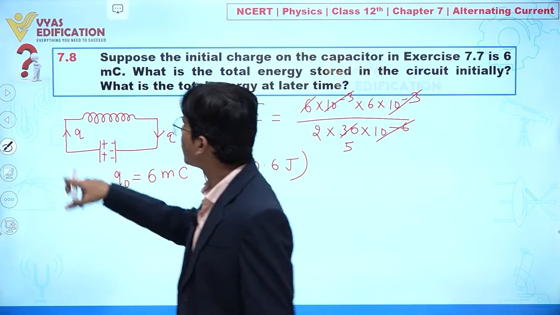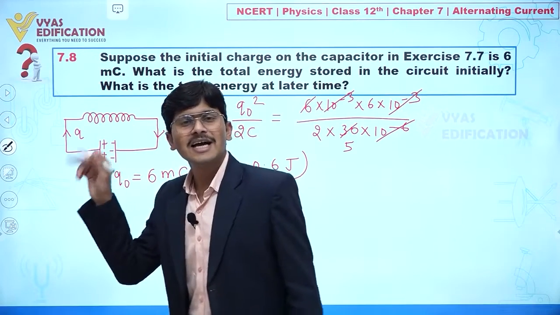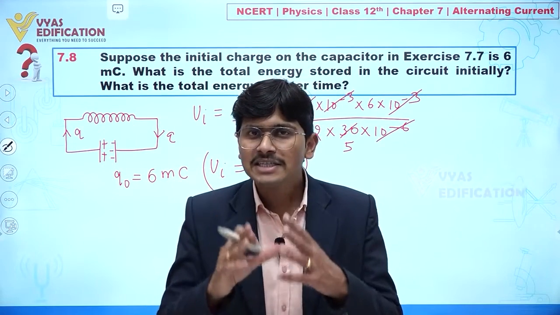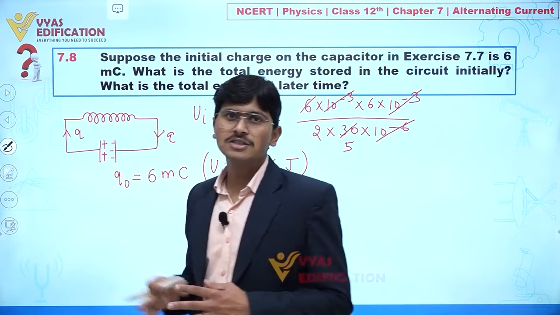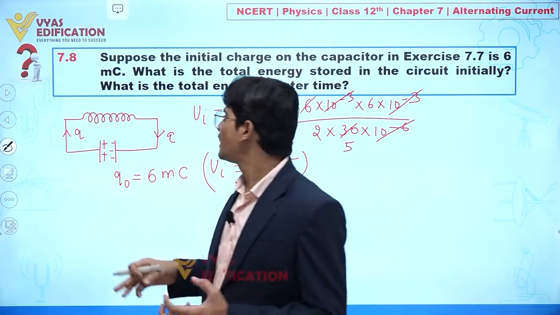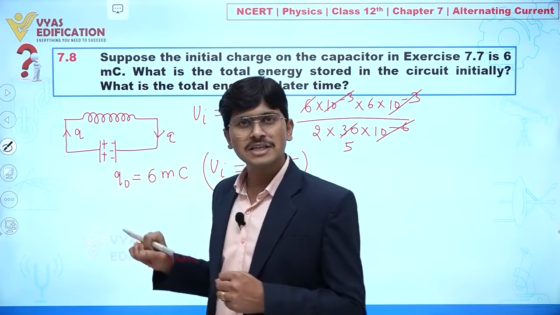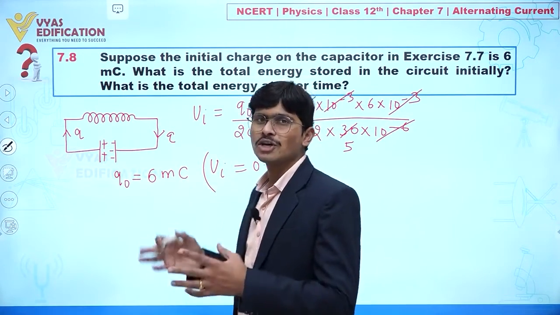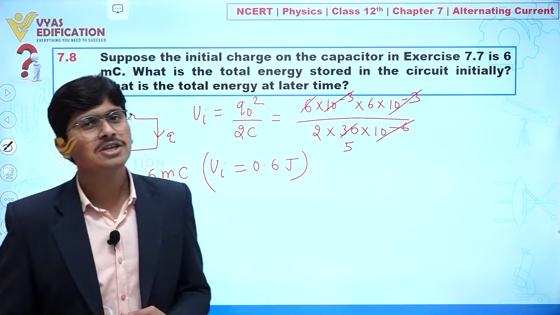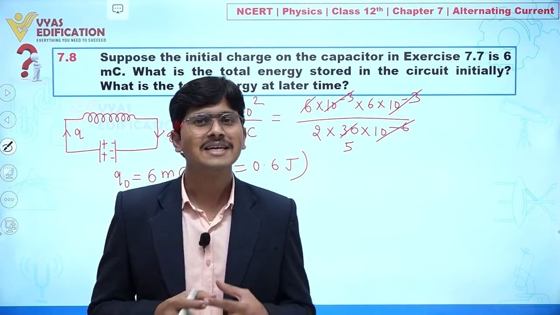So actually you will find here oscillation of charges, and you will find that if we are taking the total as a system, we can say some of the energy is shared by the capacitor, some of the energy is shared by the inductor. Clear? But if I am talking about the total energy of the system, it always remains the same. Clear?